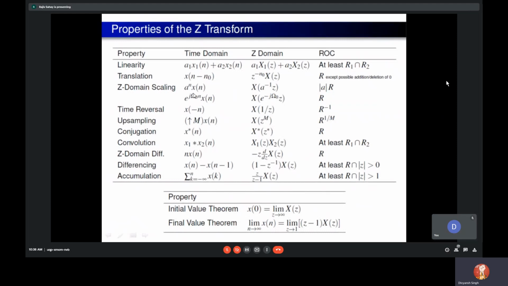Suppose you multiply a complex sinusoid with x of n, then what happens to the z transform? You can derive the corresponding DTFT by fixing z as e to the power r into e to the power j omega.